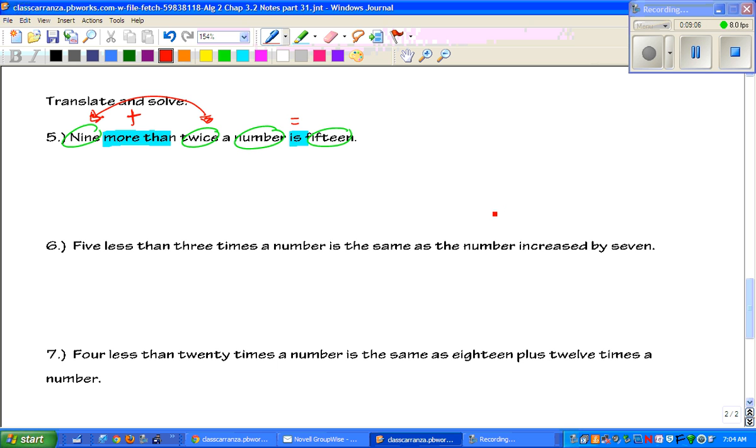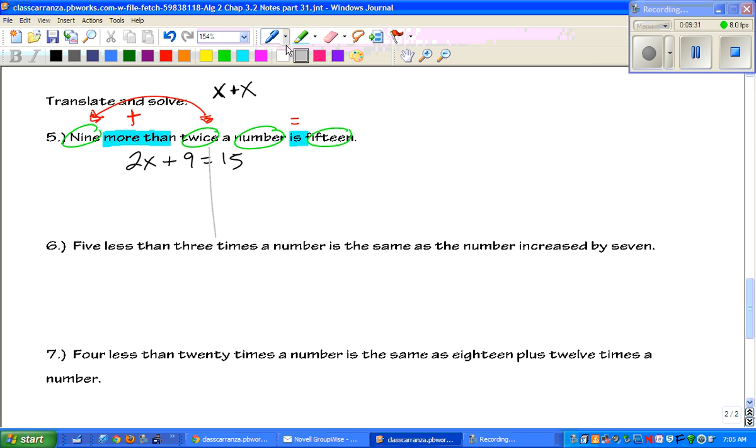Okay, and is means equals. Now, twice a number, if this is a number, twice a number means 2 of them. And 2 of those is 2x. So 2x, which goes to the front, plus the 9 goes to the back, equals 15.